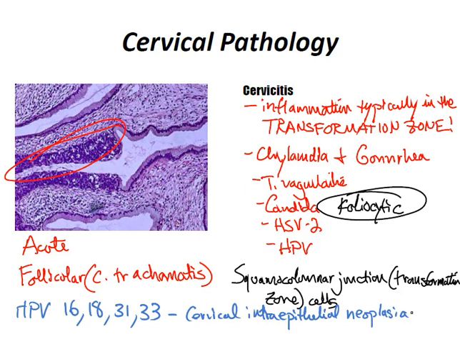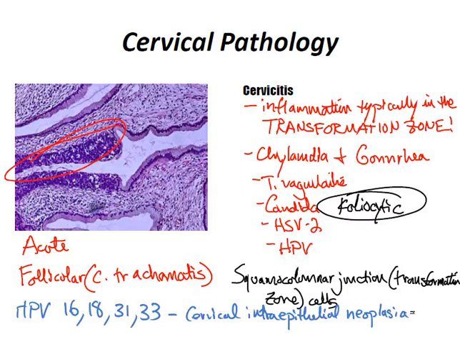Now, the risk factors include early sexual intercourse, multiple partners, smoking, birth control pills, and immunodeficiency. HPV infects immature basal cells of squamous epithelium and immature metaplastic squamous cells at the squamo-columnar junction. Now, the viral proteins, this is important, so make sure you hear this.